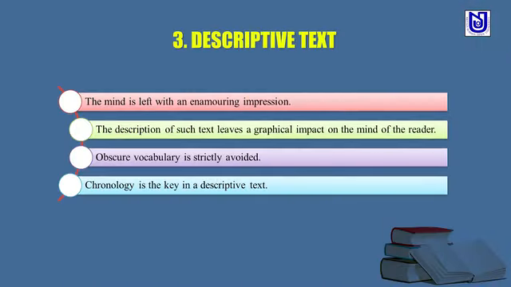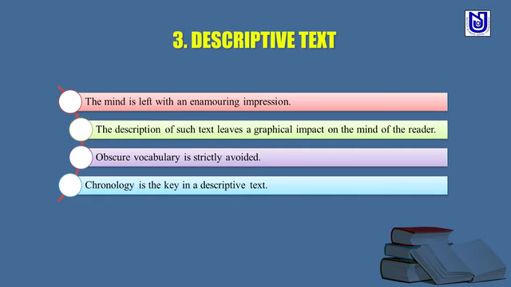Suppose we have visited different areas and after completion of our visit, we try to describe the entire things which we have seen, and those who are listening to this description try to make an imagination, they try to form a picture in their mind. So there are a few characteristics of descriptive text. The mind is left with an enamoring impression. When someone is giving the description and someone is listening, they are forming an enamoring impression in their mind.